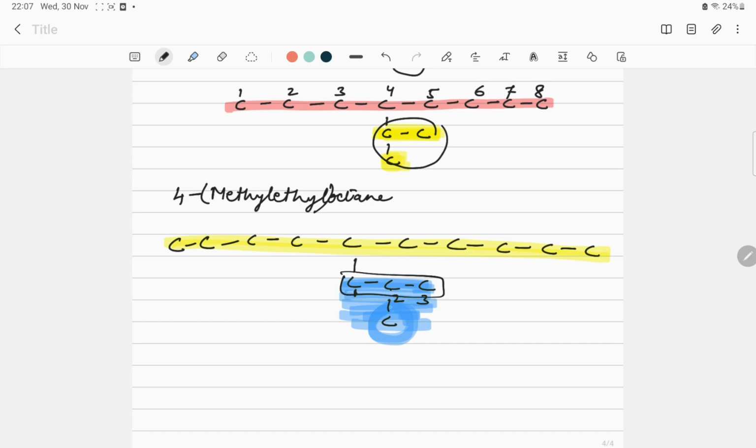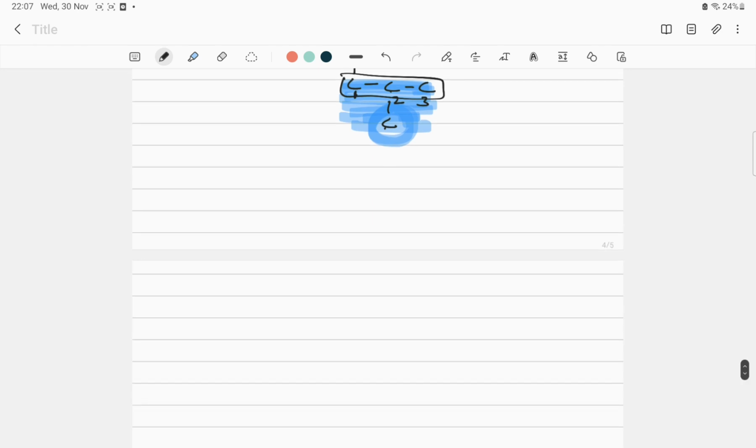The word root for 3 carbon atoms is prop-yl, and in propyl, at number 2 the methyl is present. So the name of the substituent is 2-methyl propyl.